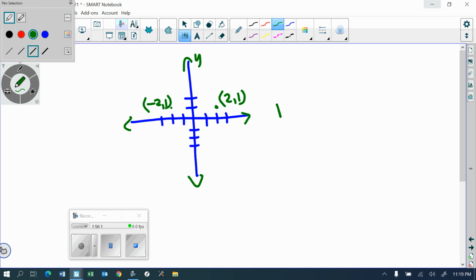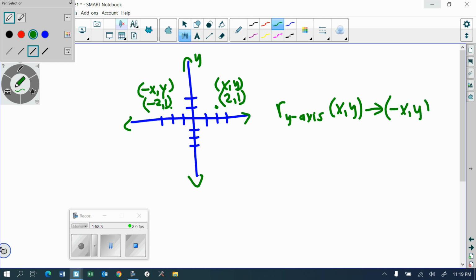So if I reflect over the y-axis, my original point x comma y became what over here? That became negative x comma y. The y did not change, but the x became the opposite sign. So this is the rule: negative x comma y.